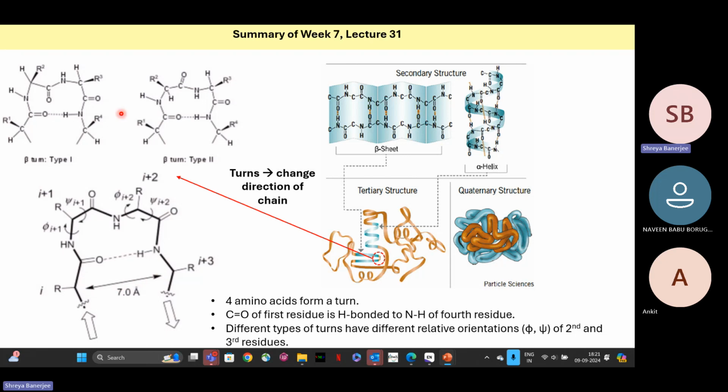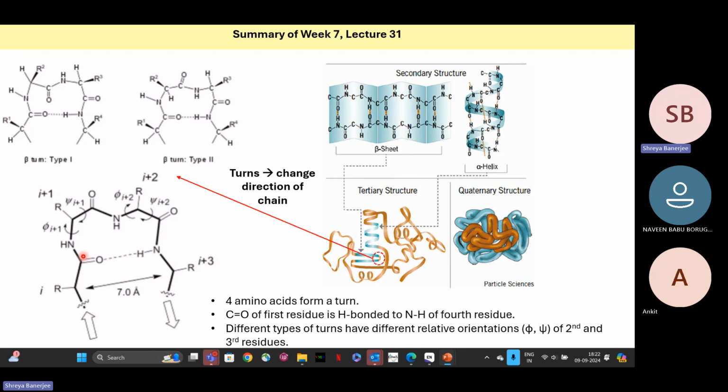Turns are generally present wherever there is a change in direction of the chain. You can see here the upper blue chain is going from left to right, and the lower blue chain is going from right to left. So there is a change of direction, and wherever there is such a change of direction, there is a turn.